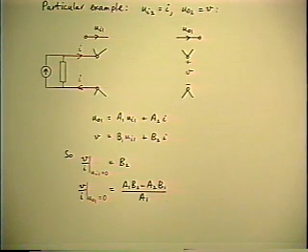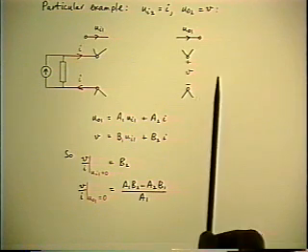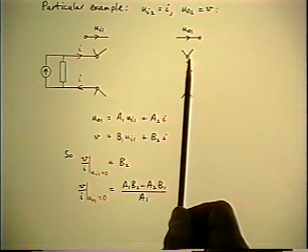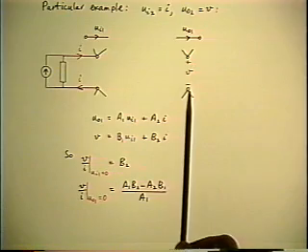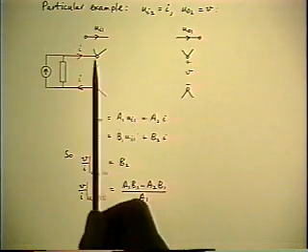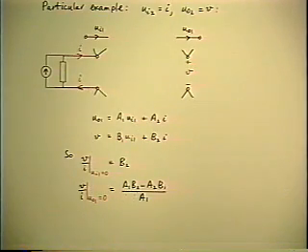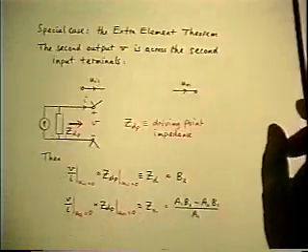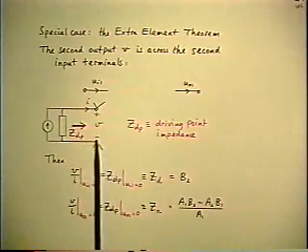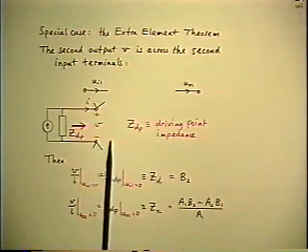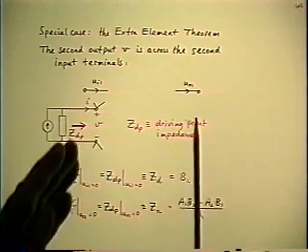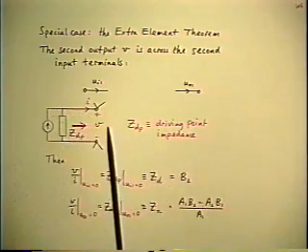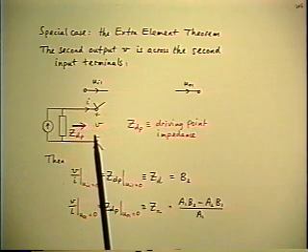Here's the third time through. All we're going to do now is say that output number 2 voltage is measured across the same terminals that input number 2 is driven into. So I just merged those two pairs of terminals.